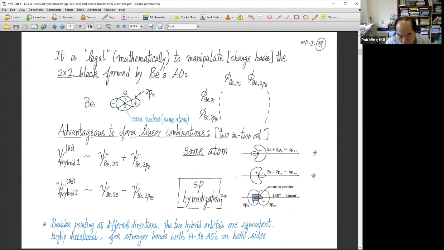One is this small blob with this big one pointing to the right, basically. One is this small blob with this big chunk pointing to the left, okay? Quantum mechanically, it is forming these two linear combinations, okay?